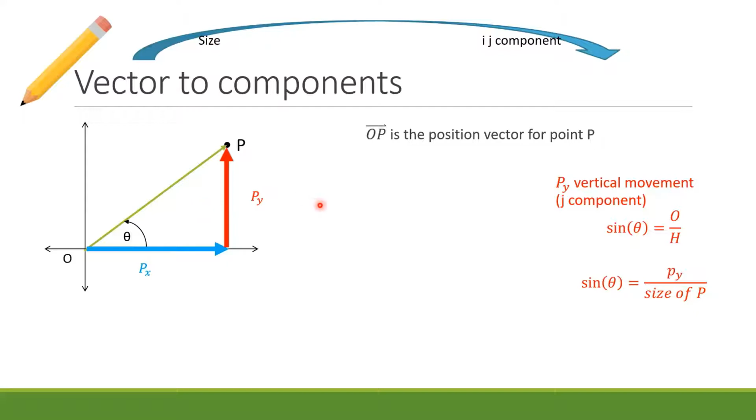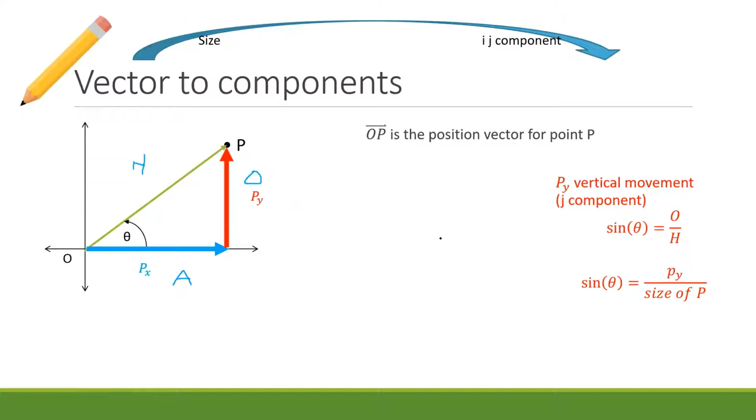Of course, if I was doing this with my board, I would label this green side H, this red side O, and this blue side A, but I don't have that here. If I try to do that, it will look really weird. I can try my best, but it's not the greatest, is it?